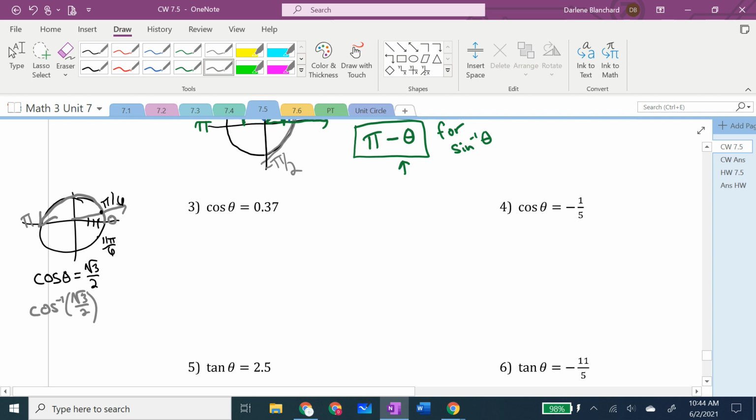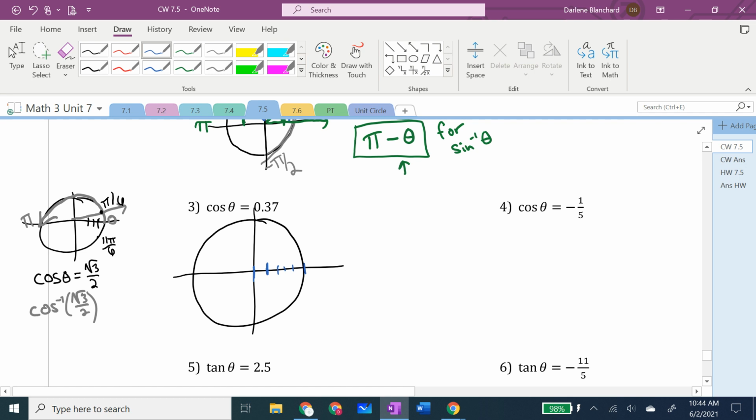So when I come over here to the cosine of theta being equal to 0.37, what I want you to see is along the x-axis, I have 0, and before 1 over 2, root 2 over 2, root 3 over 2, and 1. Now, 0.37 is about here, maybe?